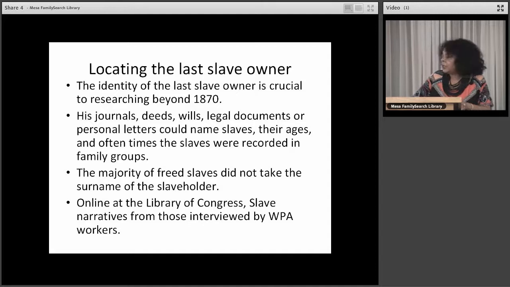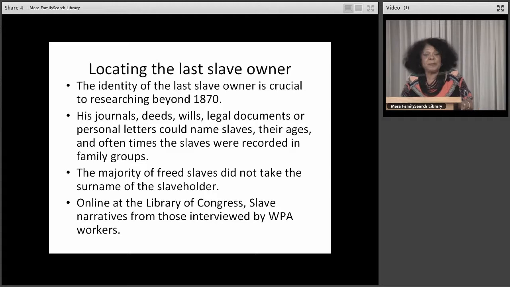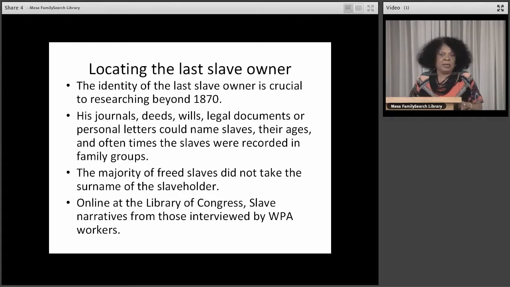It's well worth looking at. You just go to the Library of Congress, and on the search area, actually I think it's www.loc. And you go to the search and put in slaves, and a drop-down menu with all sorts of information will come up for you.